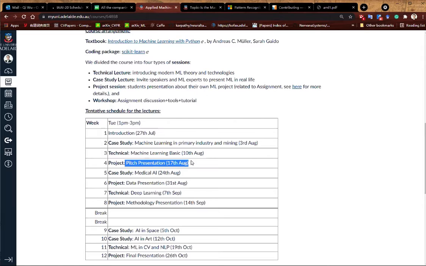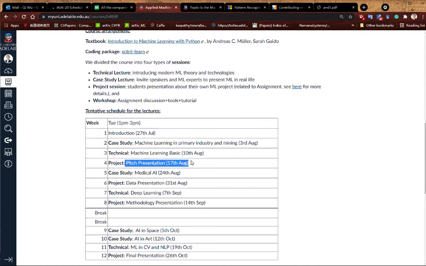In this one, you need to have a general idea about your project. You say, this is my problem, and I want to solve it. You can brainstorm. Some people use this algorithm to solve that, some people use another algorithm, but no one has used machine learning to solve this problem.